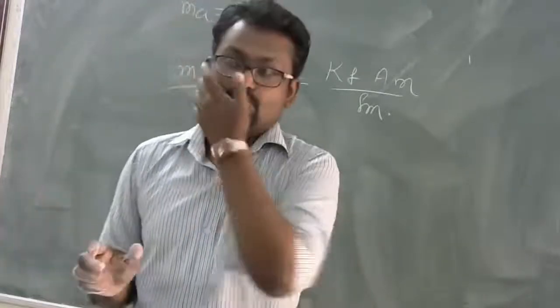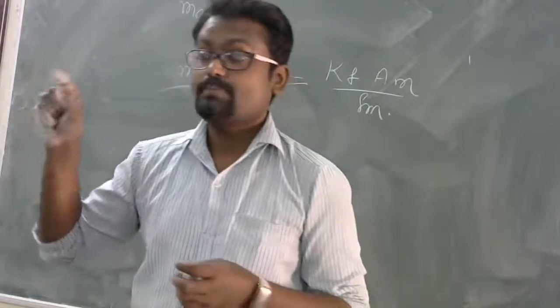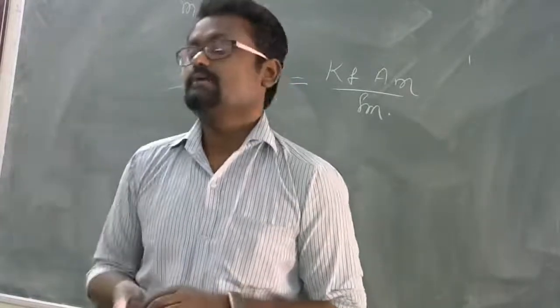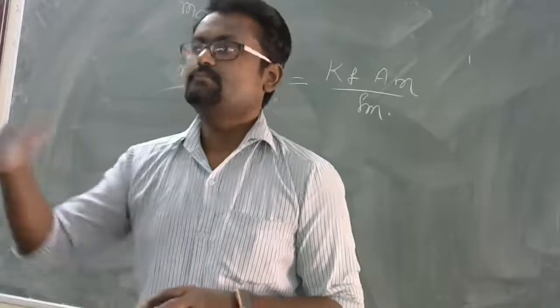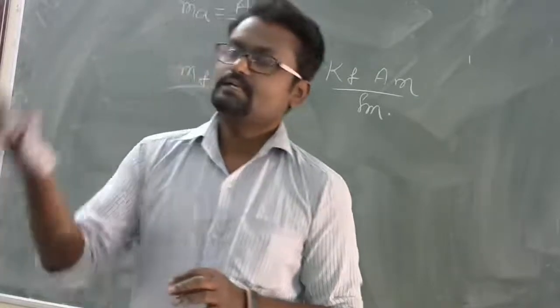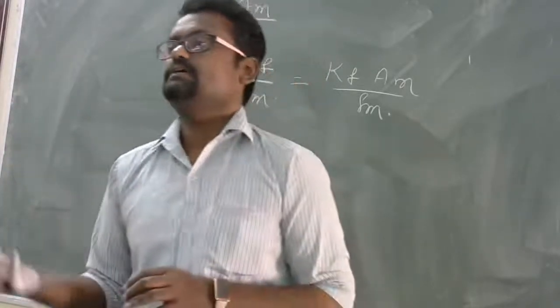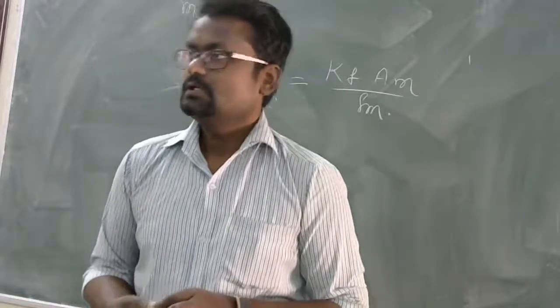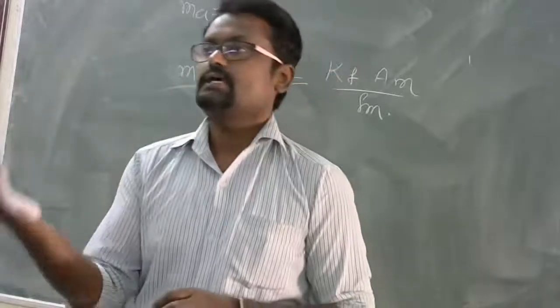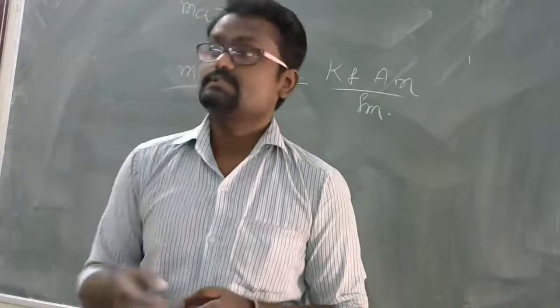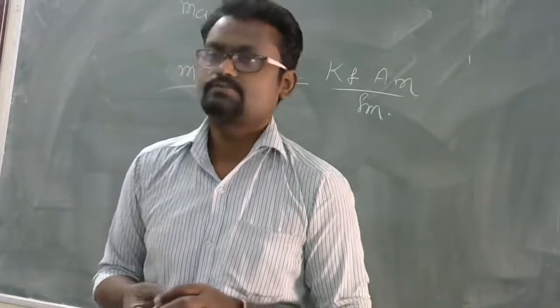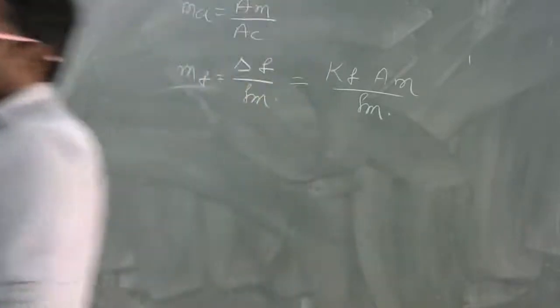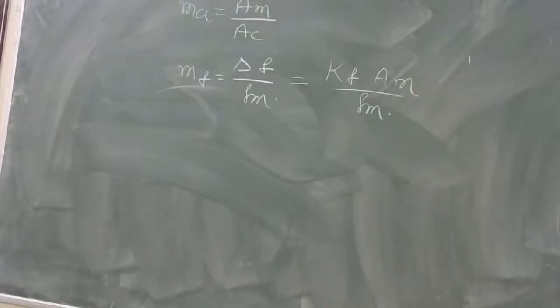When I add both equations, I get Fc once and del F once. When we get del F, we can easily calculate the carrier swing, and knowing the frequency deviation, we can easily calculate the modulation index too. So calculate all the values.